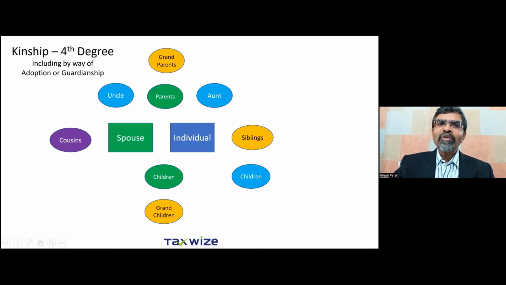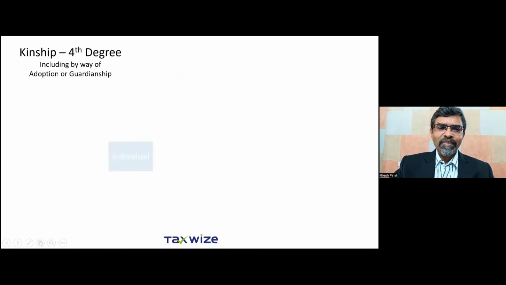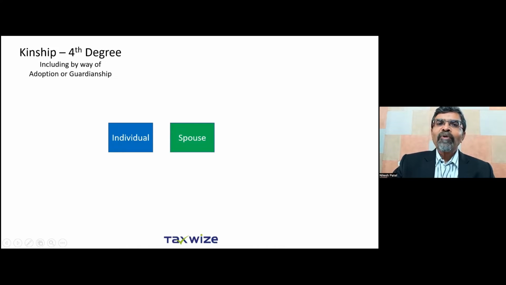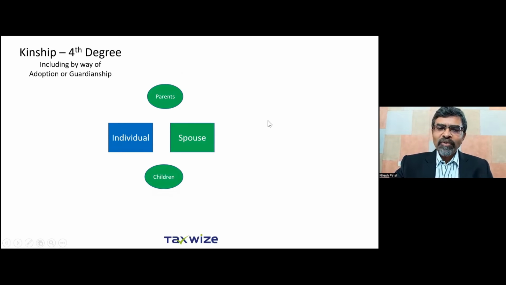Now let us look at this relationship from the viewpoint of the spouse. Here, the spouse is the individual. So in the first case, it was me. In this case, it is my wife. So my wife's husband, parents, and children are my wife's first degree of kinship relatives.